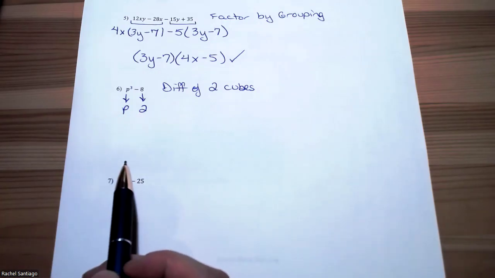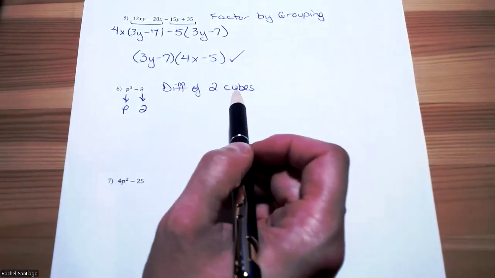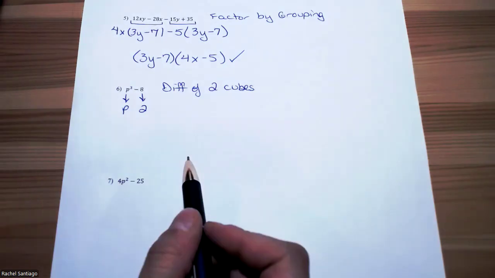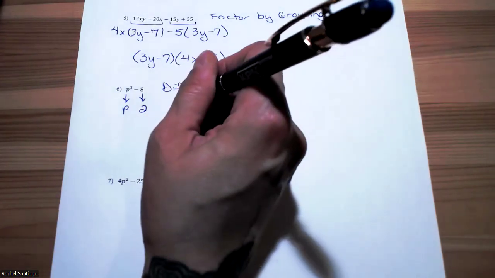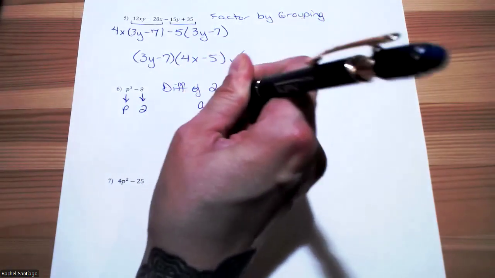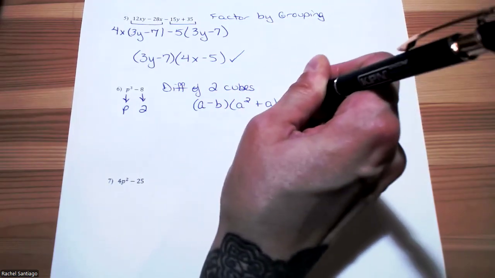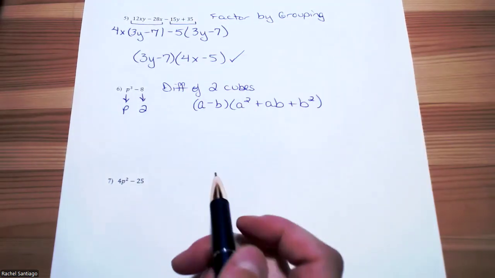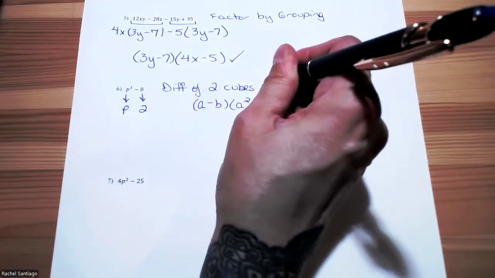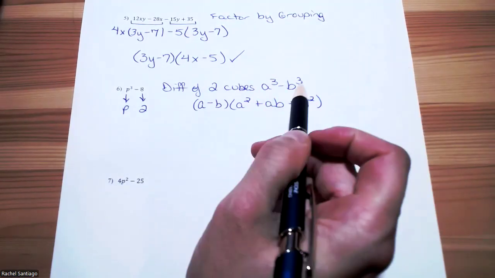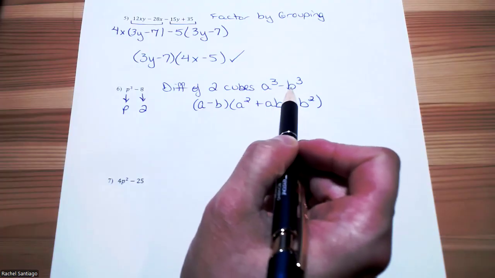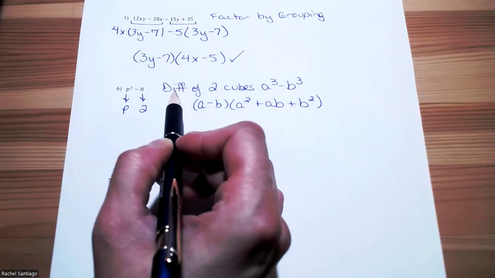With that being said, we can now plug into our formula for the difference of 2 cubes. As a reminder, the formula is a minus b times a squared plus ab plus b squared. Okay, remember the difference of 2 cubes will follow this format, a cubed minus b cubed, difference, minus, same thing.